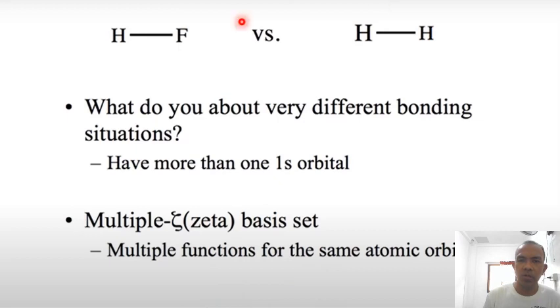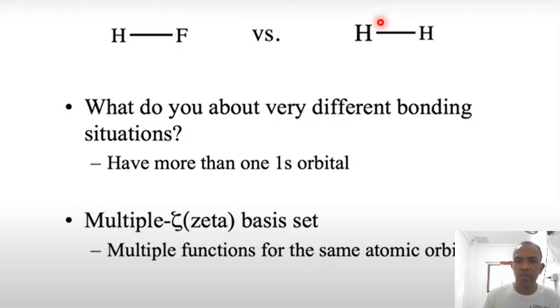I should stop calling these orbitals; they are functions that are meant to be spherically symmetric, the way a 1s orbital is spherically symmetric, but one a tight function and one a loose function.